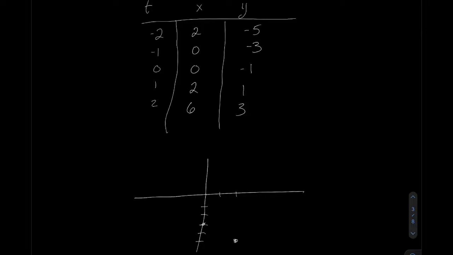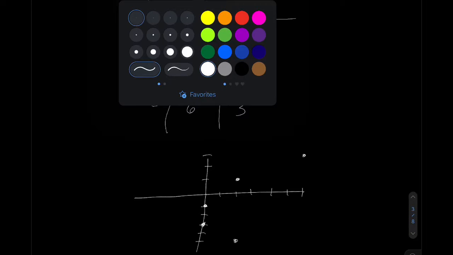And then we have x equals 0, y equals negative 3, and x equals 0, y equals negative 1. And when x is 2, y is equal to 1. And when t is 2, x is 6 and y is 3. So it's up here.